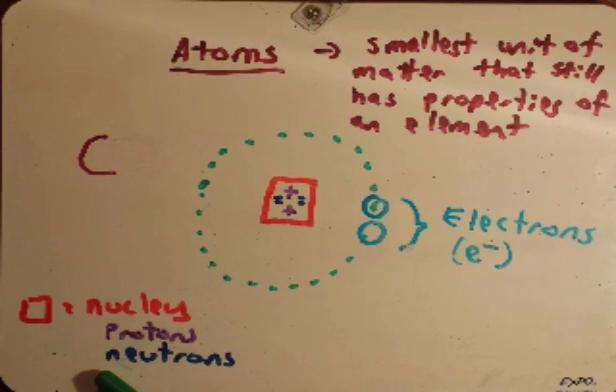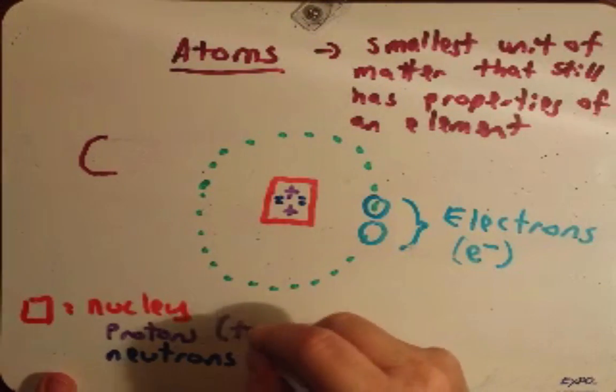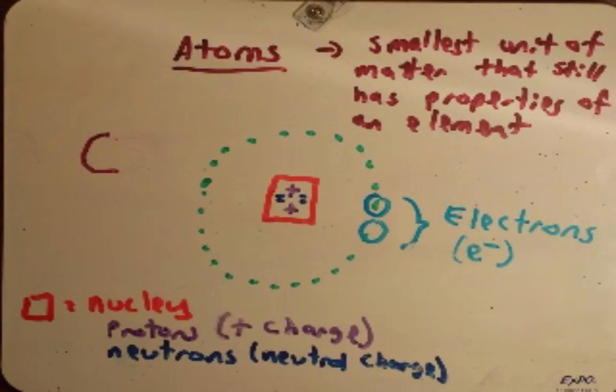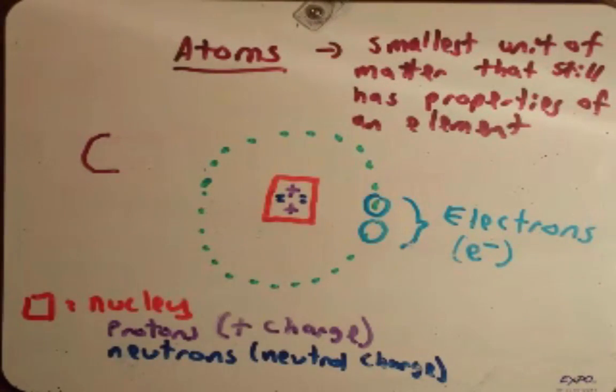Neutrons, if you think of the first part of this word, N-E-U-T, they have a neutral charge. So let's go ahead and write that down here. Whereas the protons have a positive charge. Now it's sort of hard to represent here, and for what it's worth, I wanted to make one more point to you. And that is that in relation to the space of the atom, the nucleus is really small.